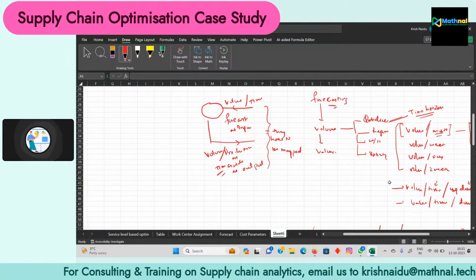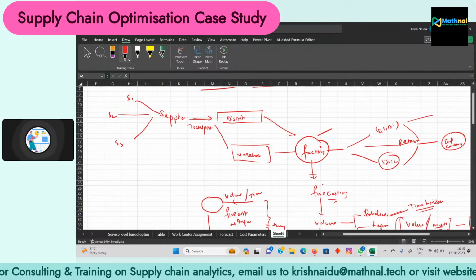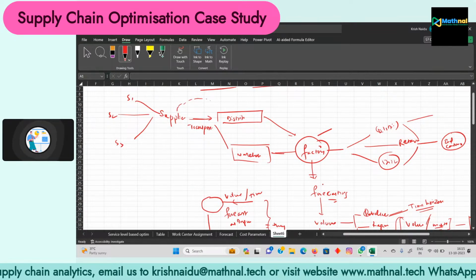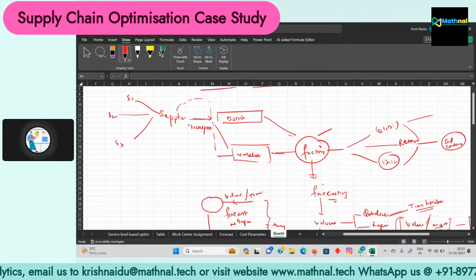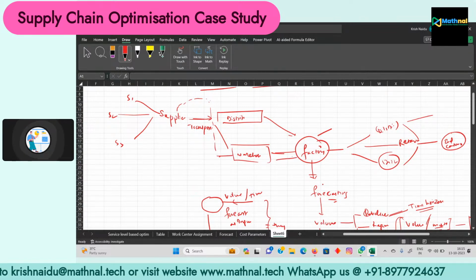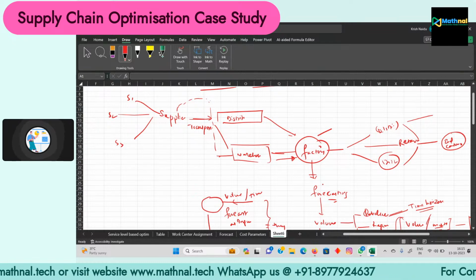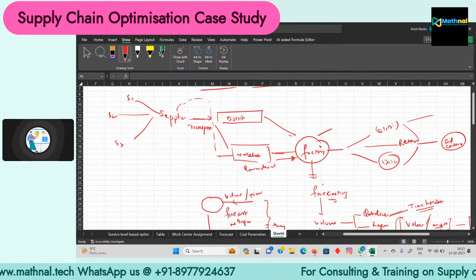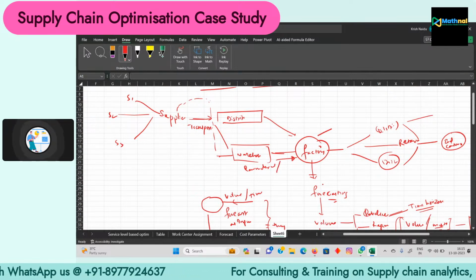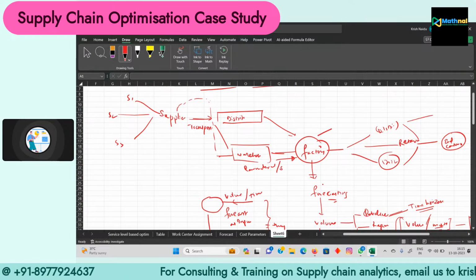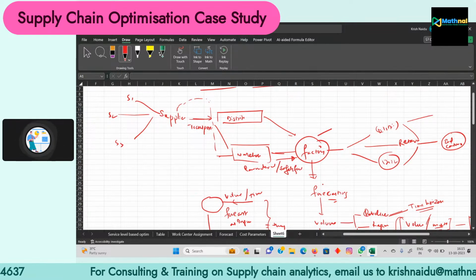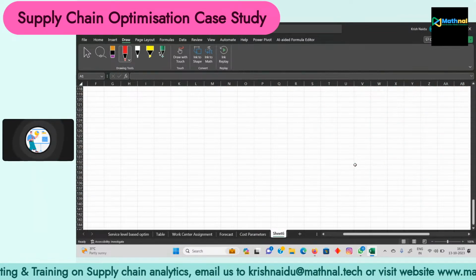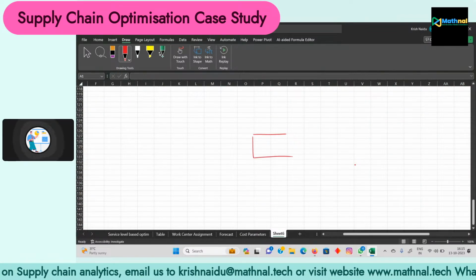Now let's look at one thing. The suppliers are shipping the goods, right, as raw materials, which are going to be used for production in the factory. We also need to see that the raw materials coming into the factory as an input to the production should have some kind of safety factor. For example, let's take a case. Suppose this is my factory.